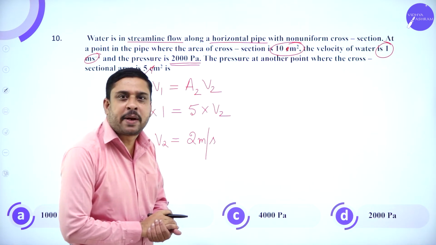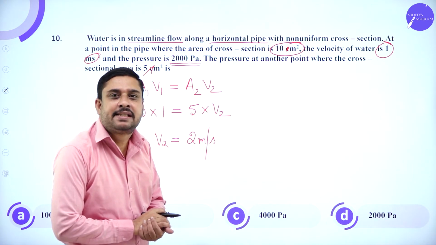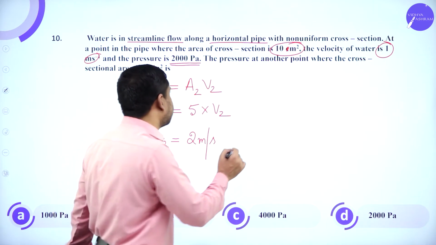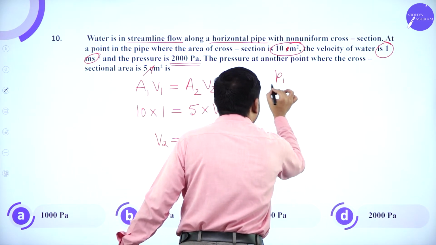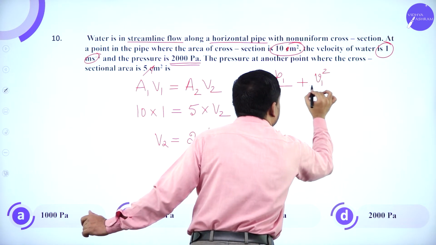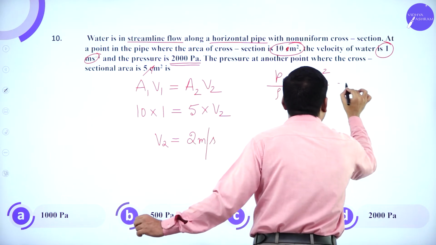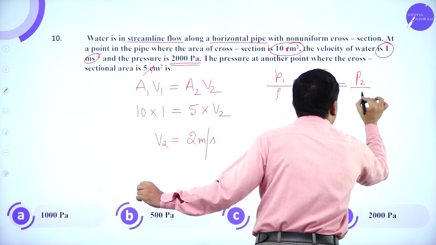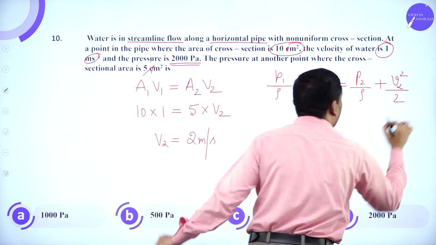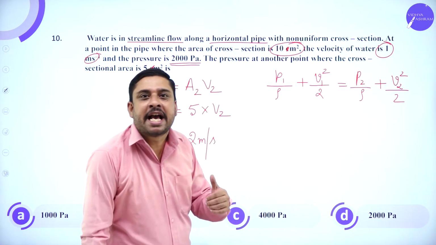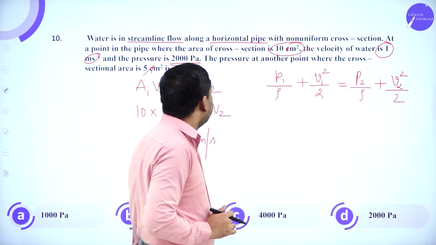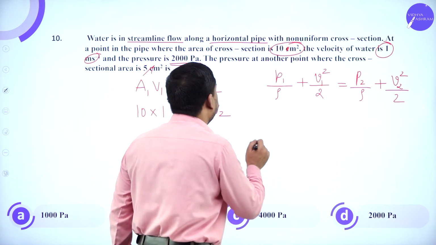Now, using the expression for non-uniform cross-section, P1 by rho plus V1 square by 2 equals P2 by rho plus V2 square by 2. This is called Bernoulli's equation. Now, what is the pressure here?